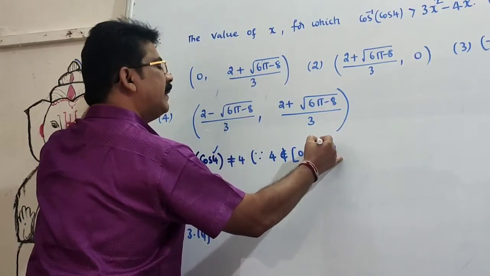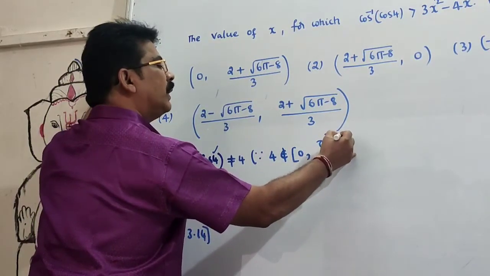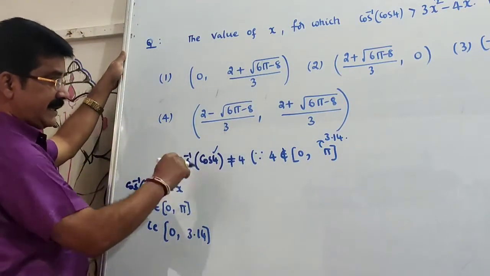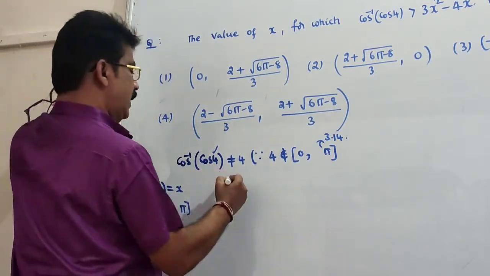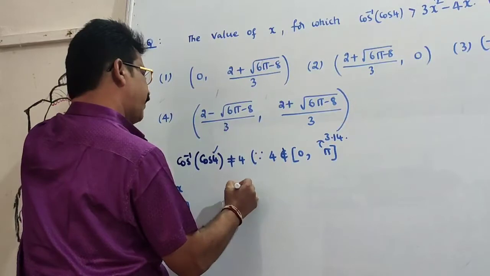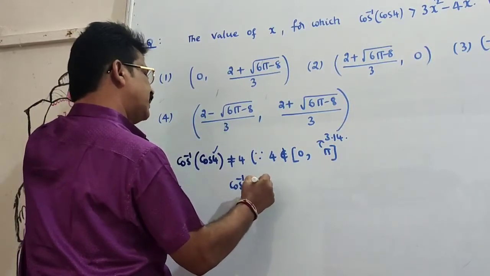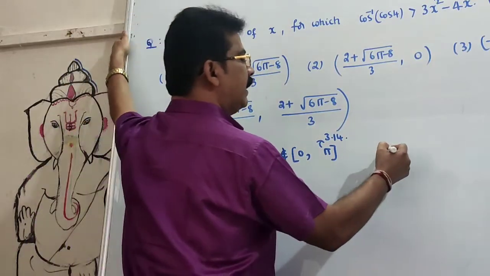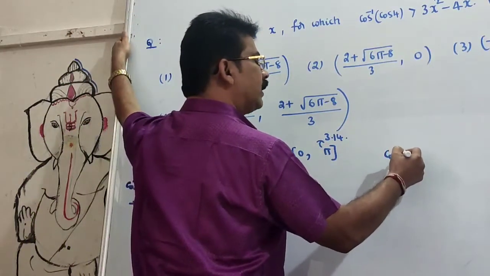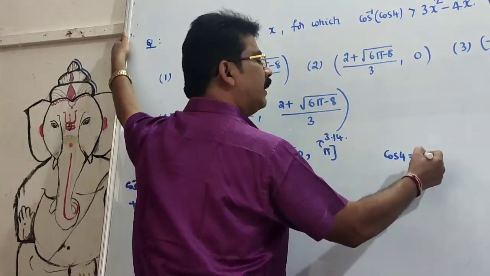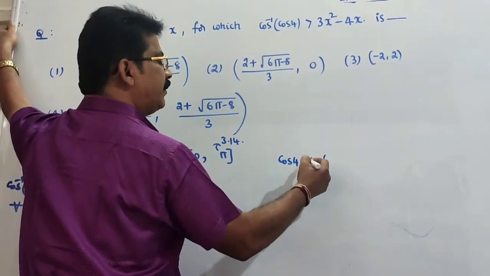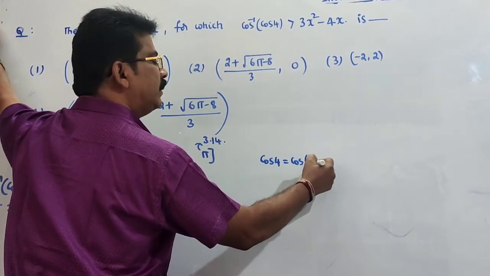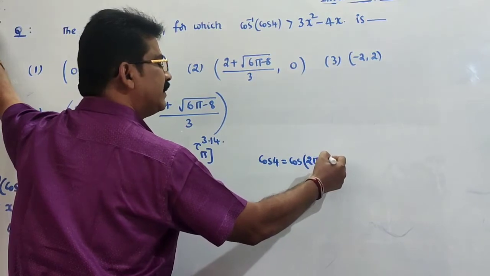Pi means 3.14. Then what is cos inverse of cos 4? Now let us calculate. Cos 4 we can write as cos theta equal to cos of 2 pi minus theta.